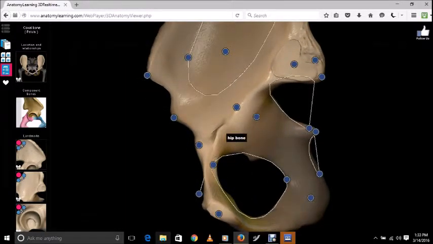This is called the iliopubic eminence, and it does have some significance, and there are a few things that are actually attached to the iliopubic eminence.